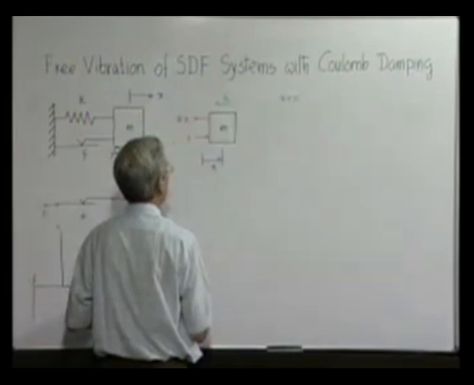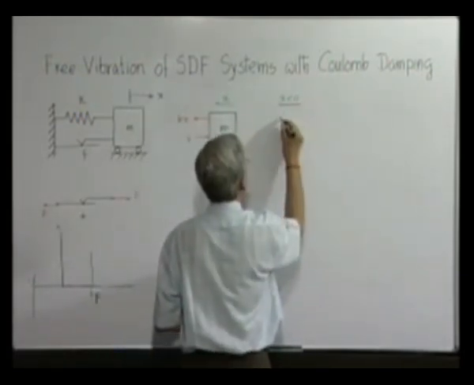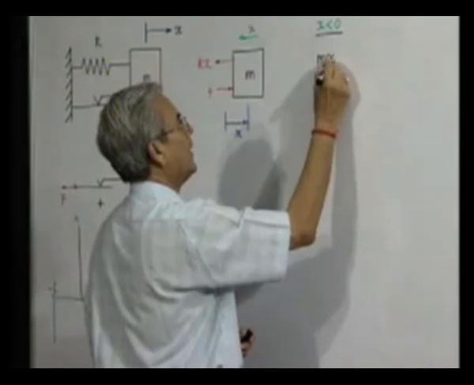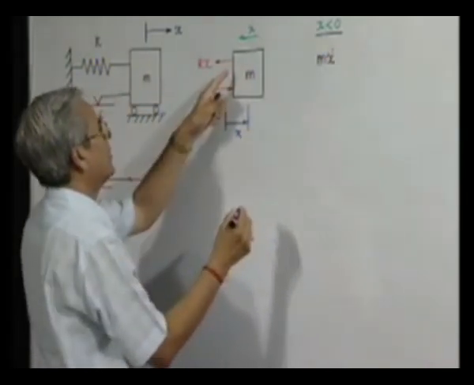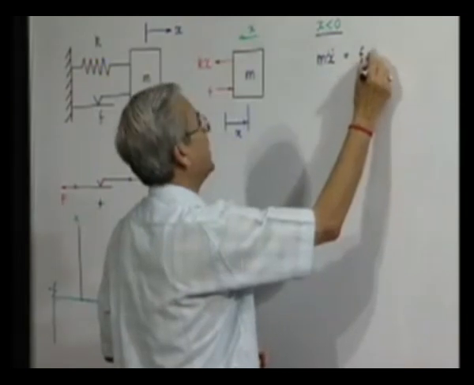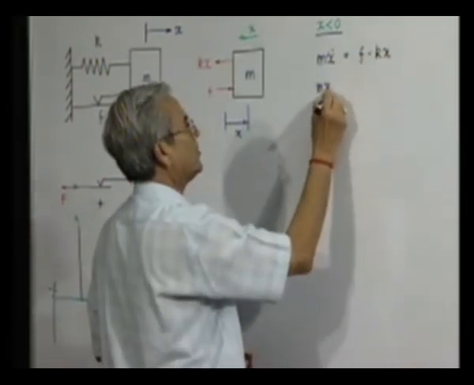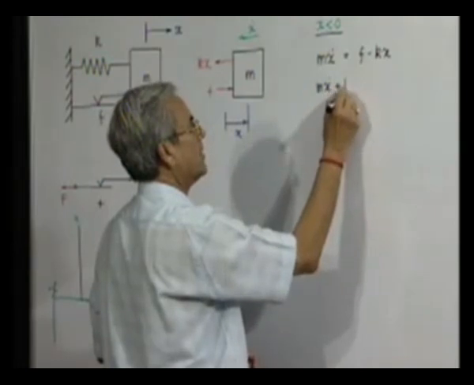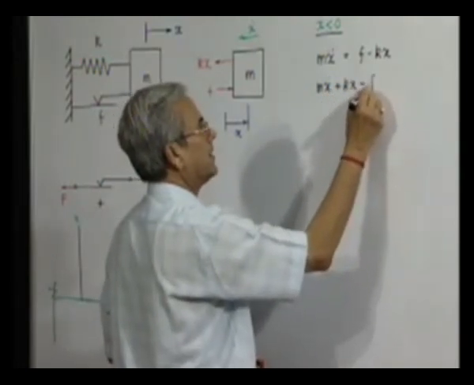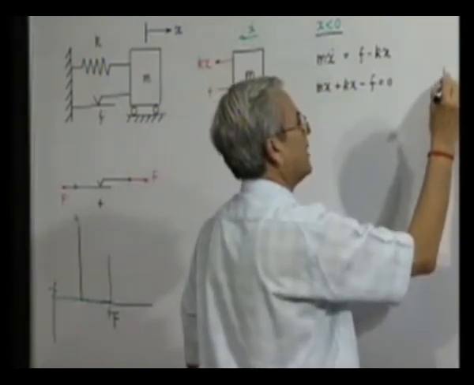So, in this situation, when x dot is less than 0, what will be the equation of motion? M x double dot is equal to F minus Kx, or M x double dot plus Kx minus F equal to 0 for the first half cycle.